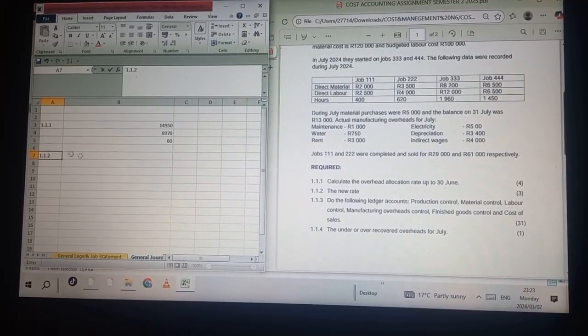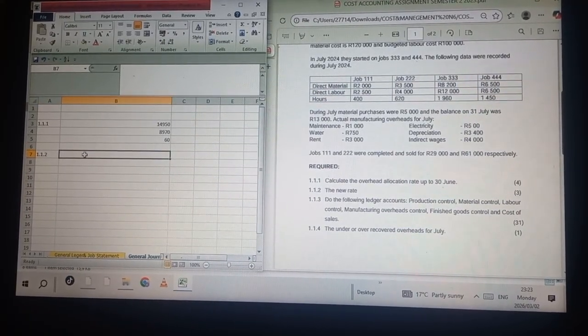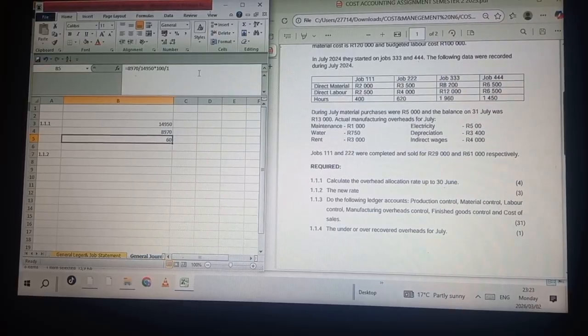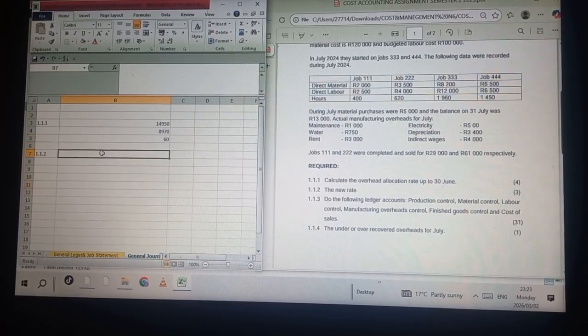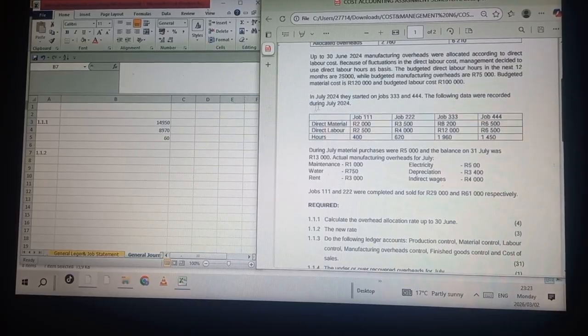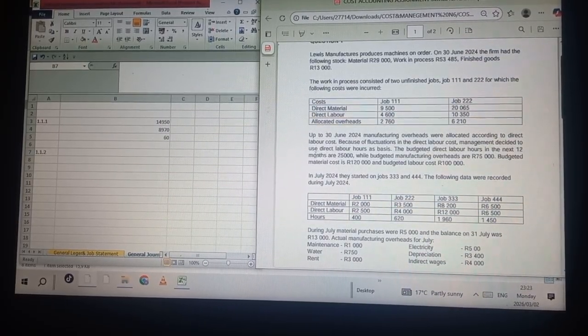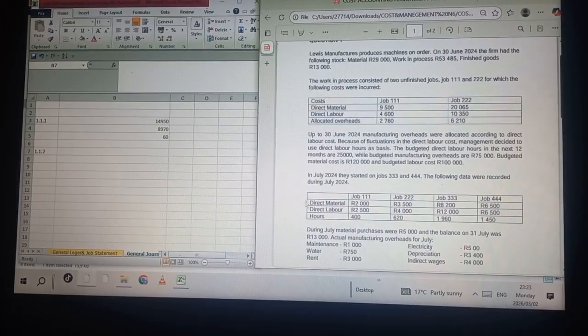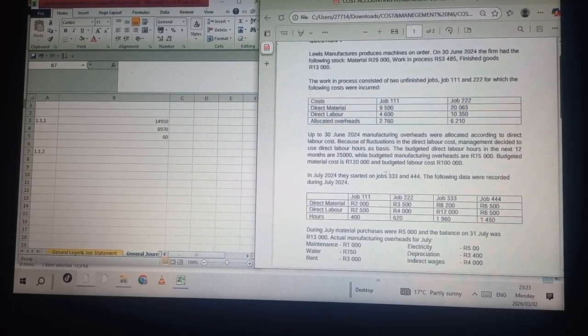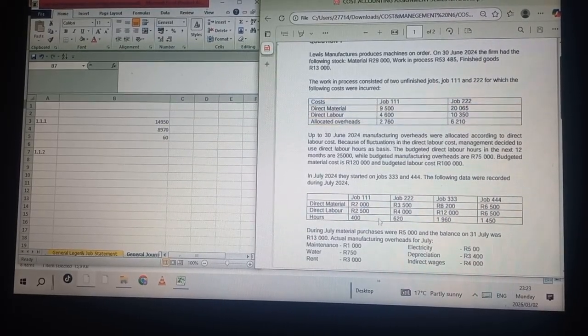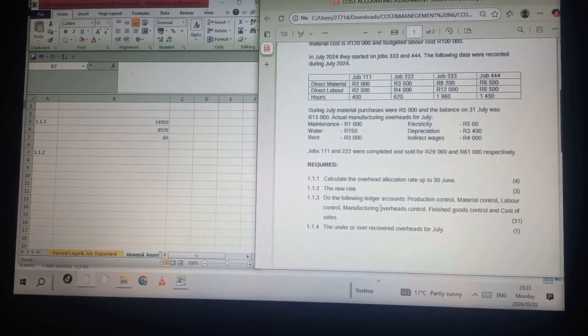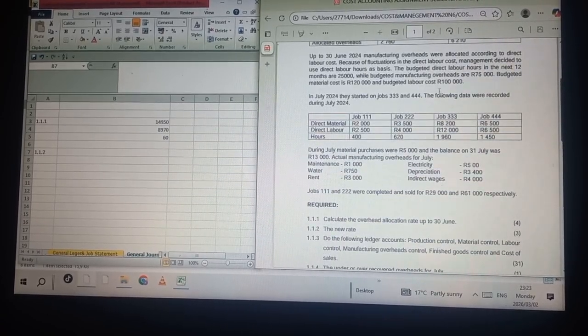1.1.2 says the new rate, meaning this is the old rate, and then we need to find the new rate. The new rate is for July. We calculated the old rate for 30 June. Now for July, they have added 2 more jobs. We will say budgeted overheads, it is given.